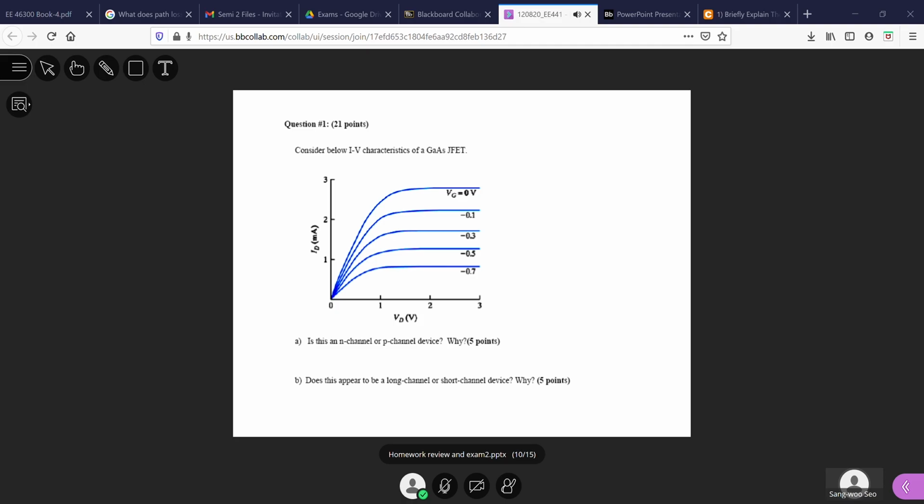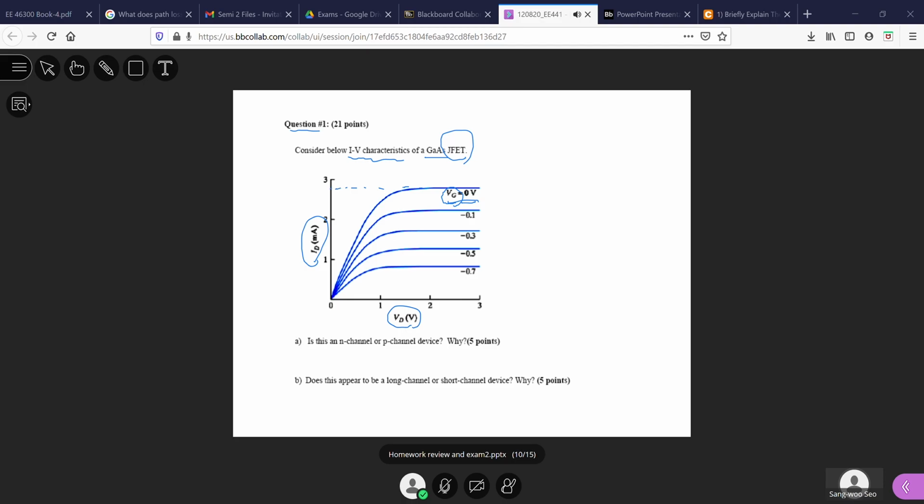And the next question starts with the IV characteristic of a gallium arsenide JFET. If you look at the current versus voltage characteristic, initially when there is no bias applied, the current flows at this level.